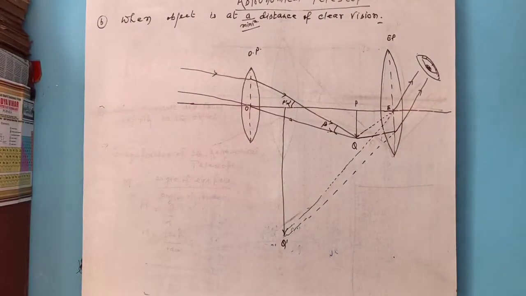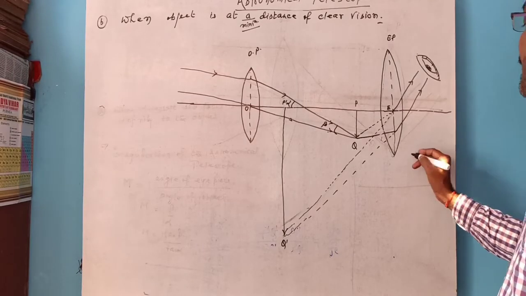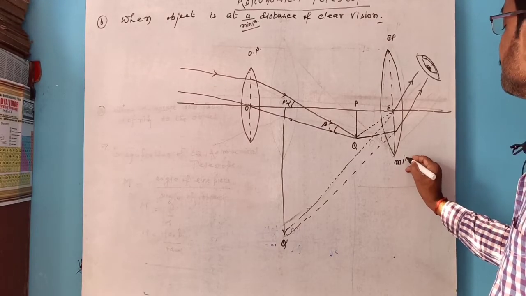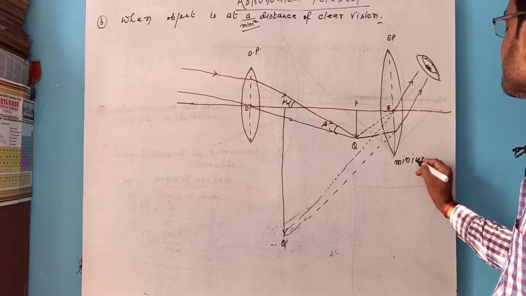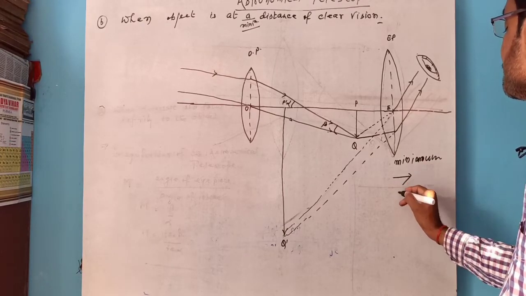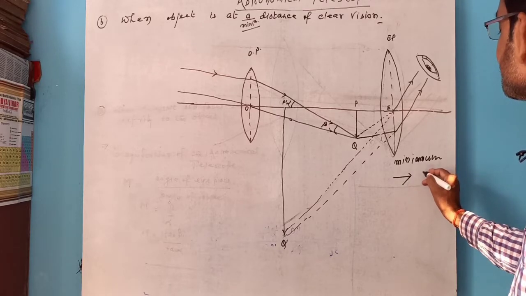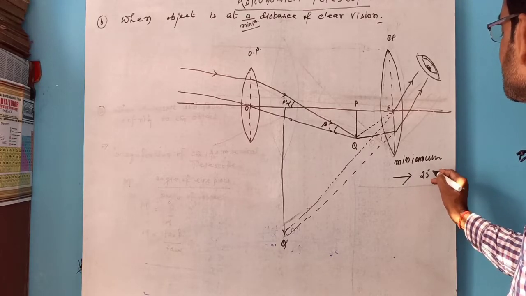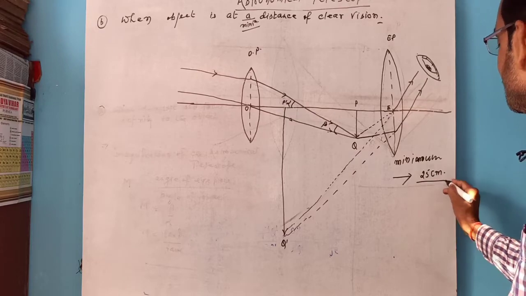Minimum distance of clear vision, which you have studied in class 10, is 25 cm for a healthy person.